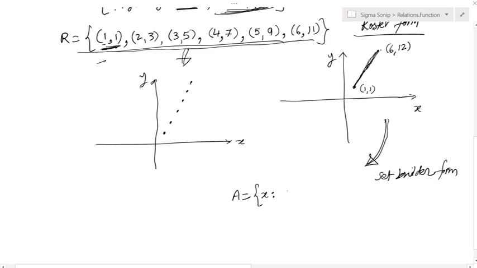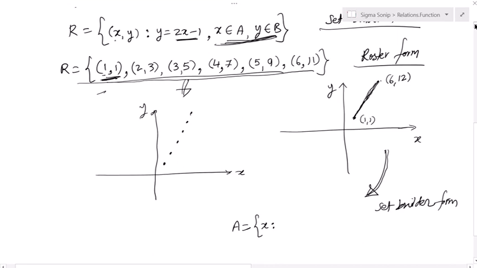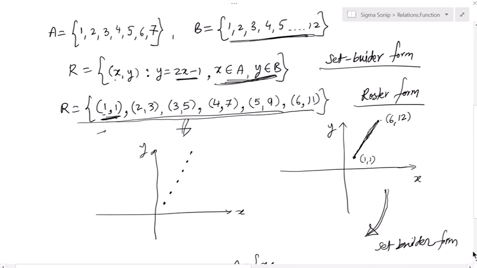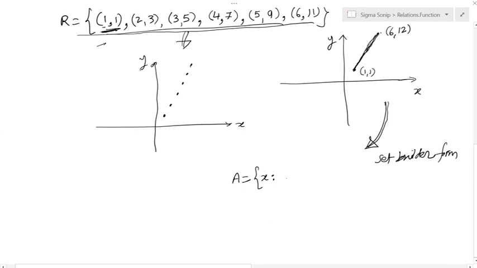I need to scroll a bit up there and see what we got here. A is from 1 to 7, so I need to include all the values there. A is equal to x such that 1 ≤ x ≤ 7, and if I don't say it is R, it is still assumed to be R. And B, I define as y with values from 1 to 12, if I believe correctly.